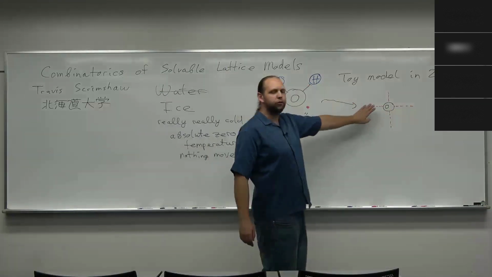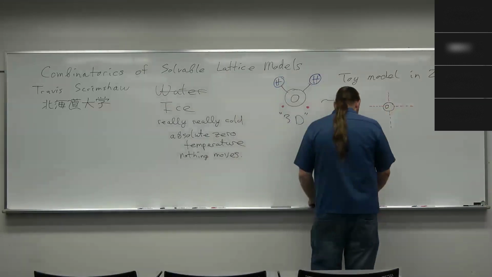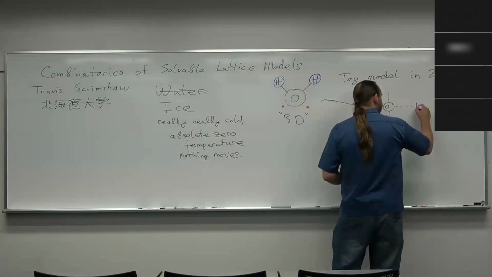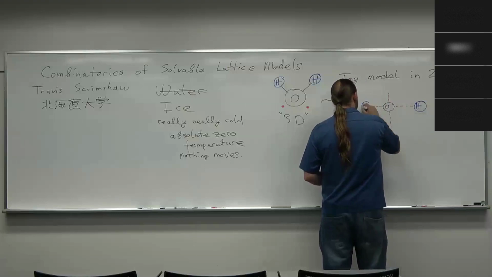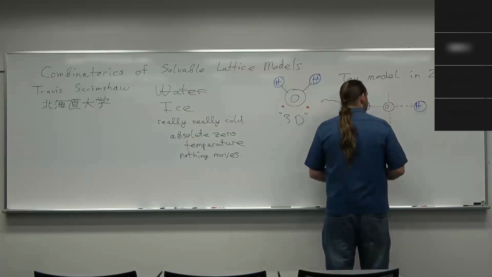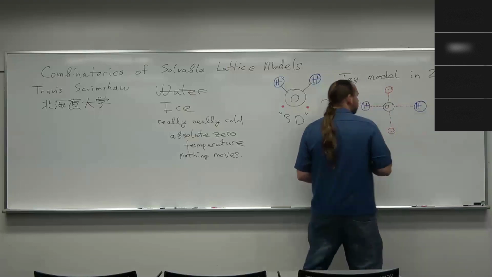in 2 dimensions, you're going to get a square grid, where at every point you may have a hydrogen, and then you'll have one of these empty spots here.